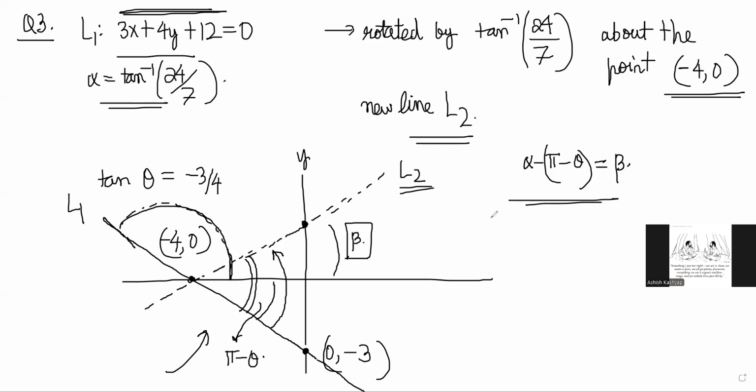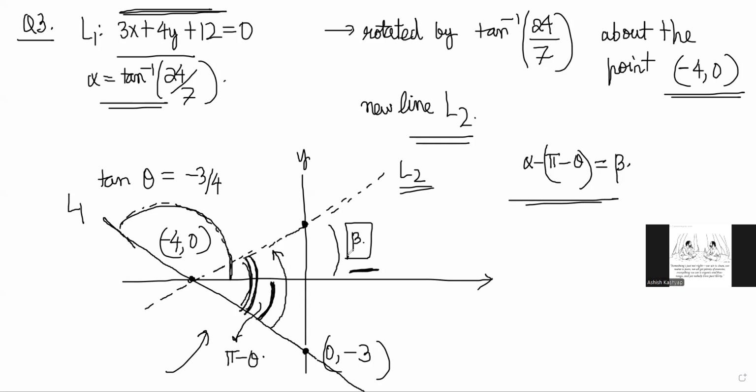Do you understand what I'm saying? Yes, sir. Alpha was my total rotation, this much, right? Right. And pi minus theta was this much, right? If I subtract the two, I should get my beta, right? Yes. Which is the angle with the positive x-axis of L2.